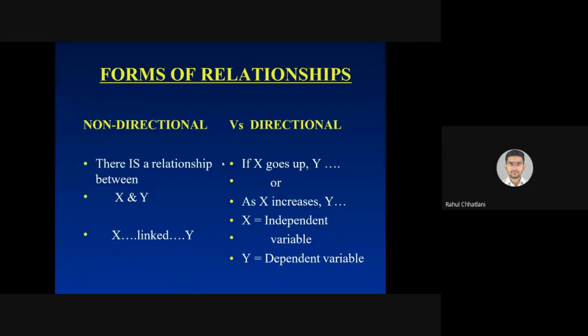Say for example, for spasticity you have two scales, modified Ashworth scale and modified Tardieu scale, and you want to see if modified Ashworth scale increases, does modified Tardieu scale also increase or decrease. So this is a directional relationship. I guess everyone is getting it. Yes or no, please reply. Yes, sir.